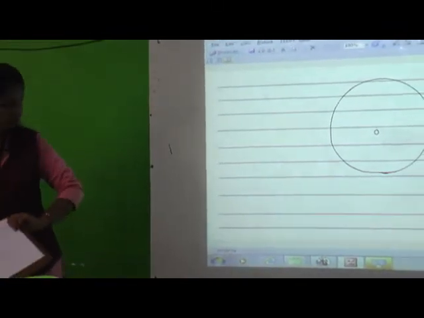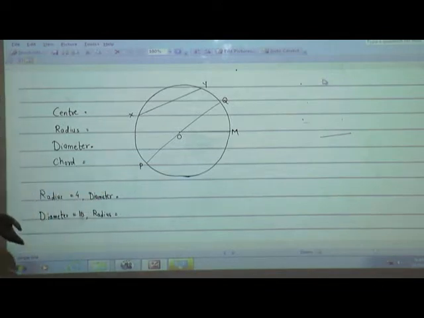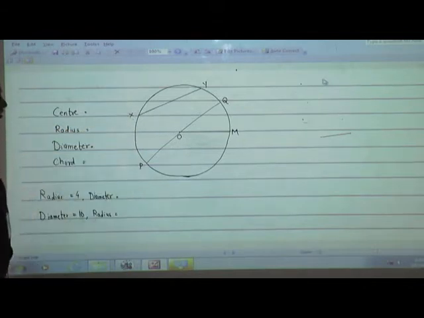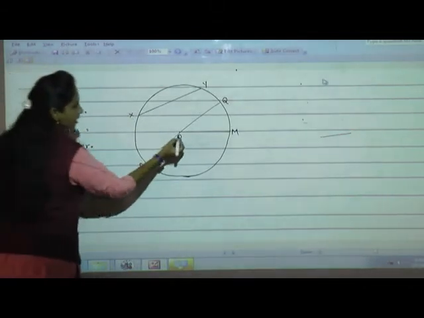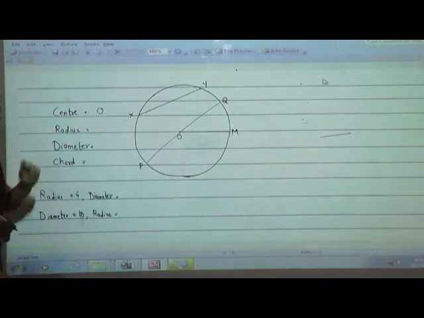Now we will solve these question answers, so you will also understand whether you understood the circle or not. See, now what is the center of this circle, students? Tell me, what is the center? Yes, very good. You can see here, O, isn't it? Now what is radius?